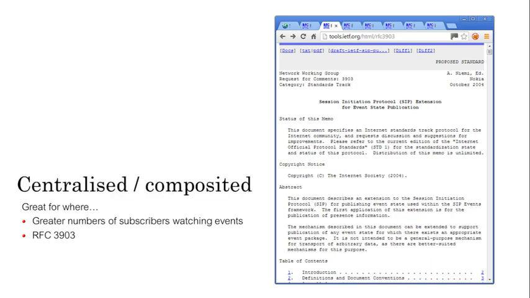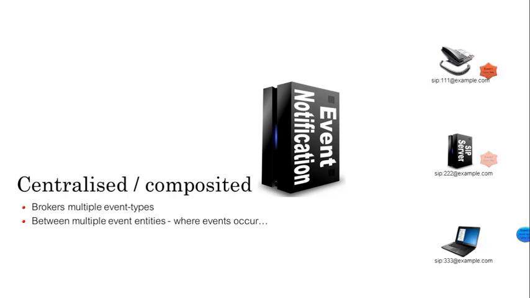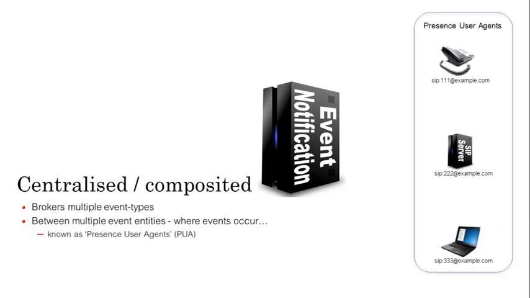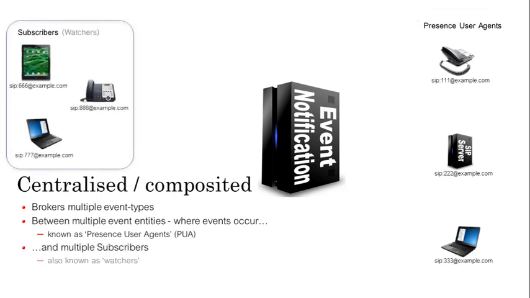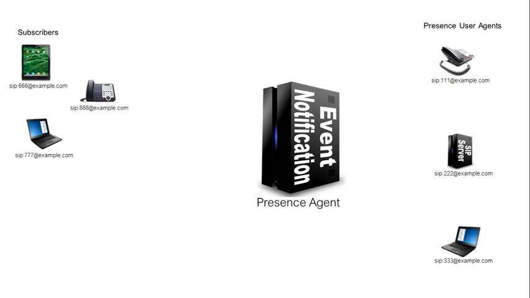It's a centralized composited model that uses a dedicated event notification server that brokers multiple event types between multiple entities where those events occur, entities in this model known as presence user agents or PUAs, and multiple subscribers, watchers, the entities who subscribe for notifications. The presence agent, the dedicated presence server, is also known as the event state compositor or ESC.